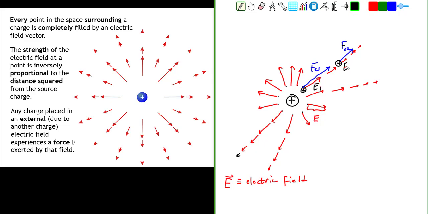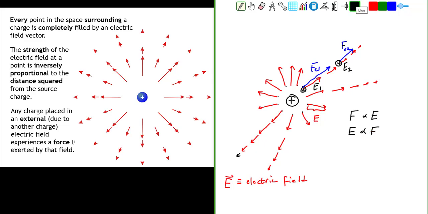So the electric force at point 1 is due to the electric field at point 1. The electric force at point 2 is due to the electric field at point 2. What we'll see here is that the force of interaction due to the electric field is directly proportional to the electric field. And rather, since we're just learning about the electric field, let's say the electric field is directly proportional to the electric force.